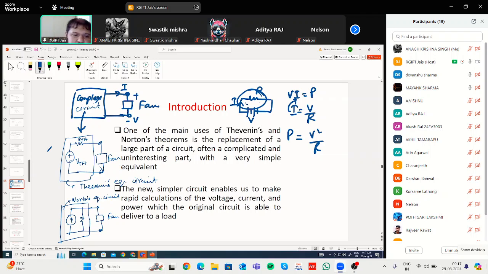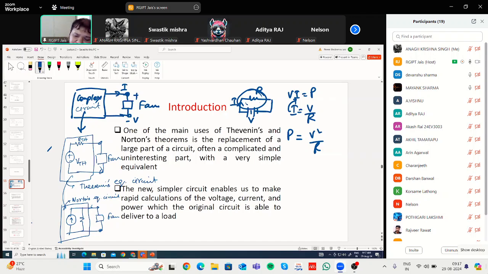Now, if you know Thevenin's, using source transformation, you can get to this part. Source transformation means a voltage source with a resistance in series can be converted to a current source and a resistance in parallel to it.